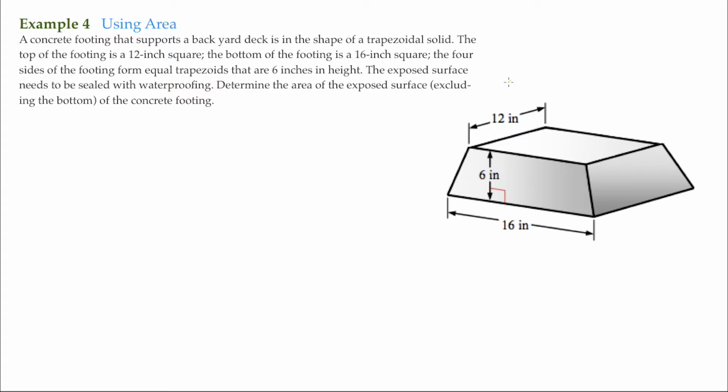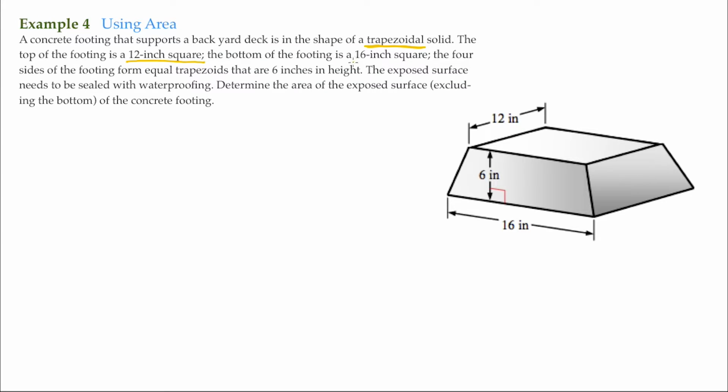So here we have this graphic that represents what this concrete footing could possibly look like. A concrete footing is often where a deck post would sit on so that it doesn't sink into the ground. But let's point out a couple of things here. These are a trapezoidal solid. We also have a 12-inch square, and a square is a rectangle, but it's a rectangle whose all four sides are equal.